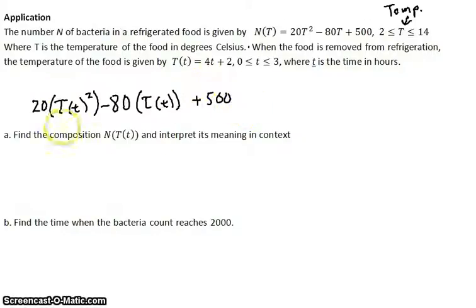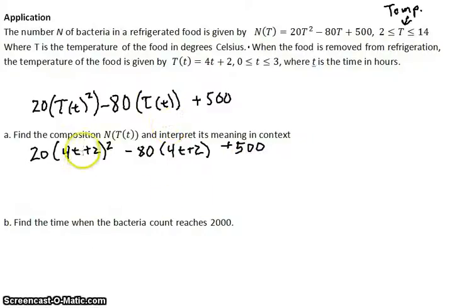So now I'm going to plug in what this function is. So 20 times (4t plus 2) squared minus 80 times (4t plus 2) plus 500.